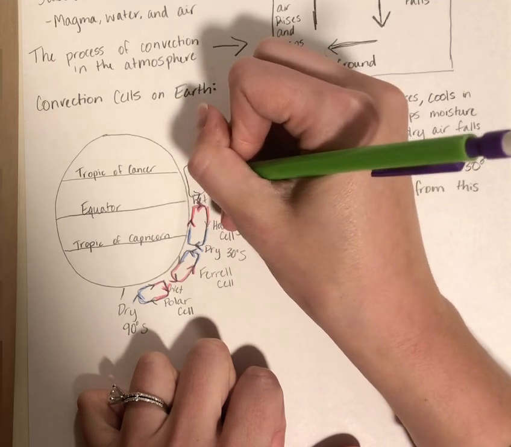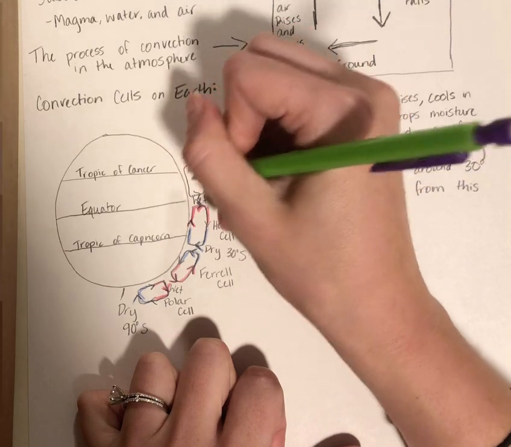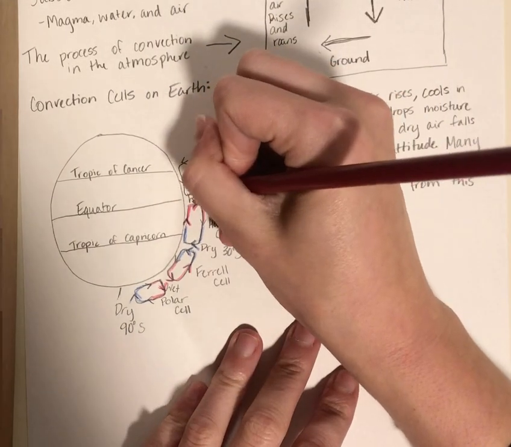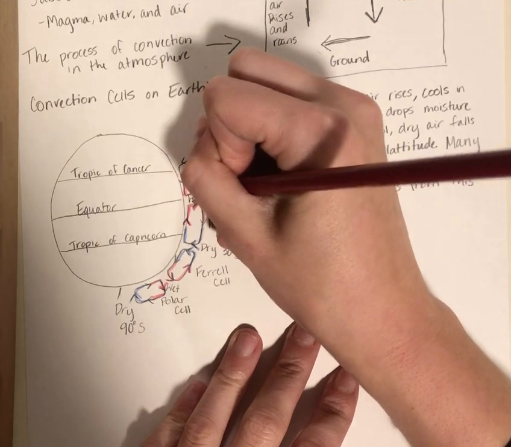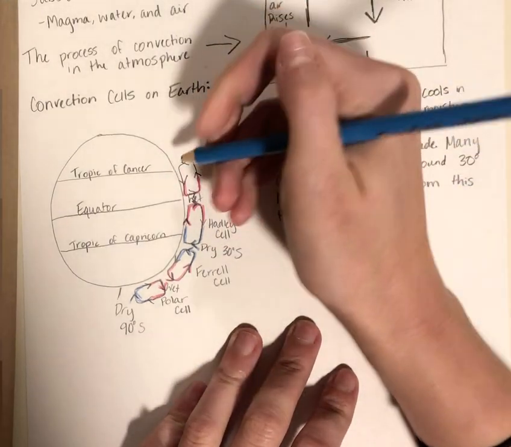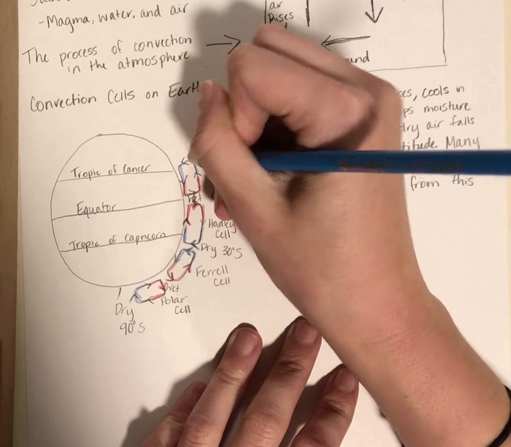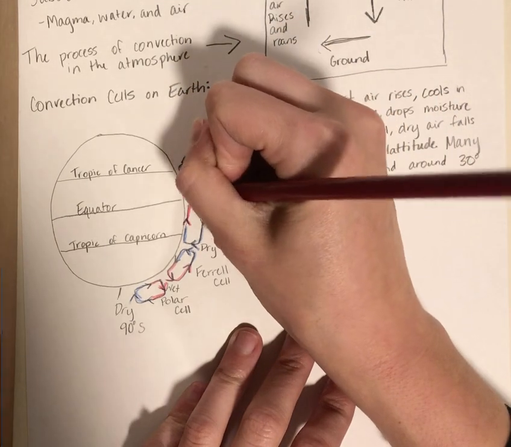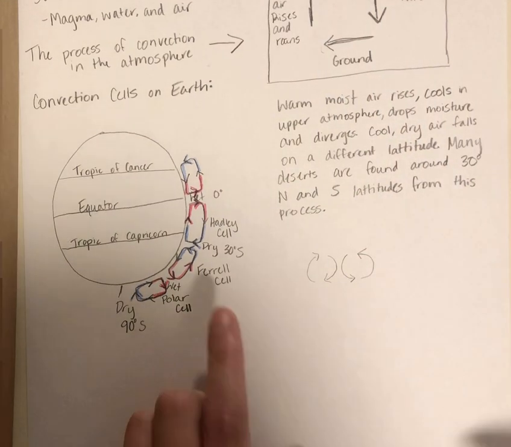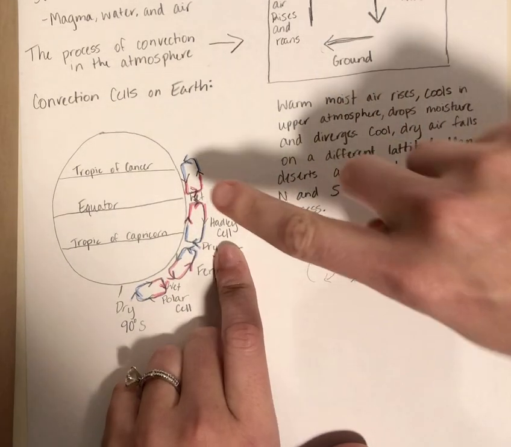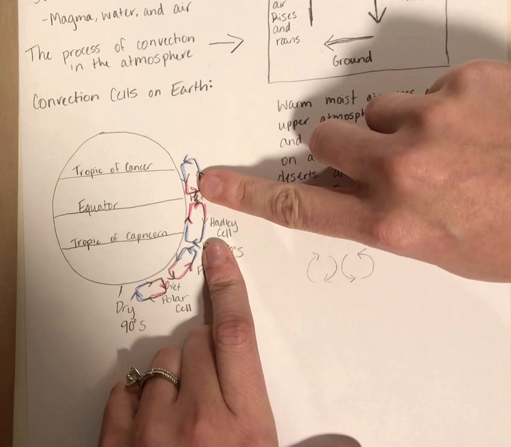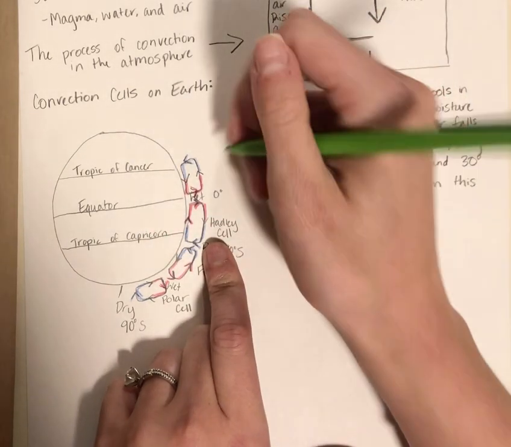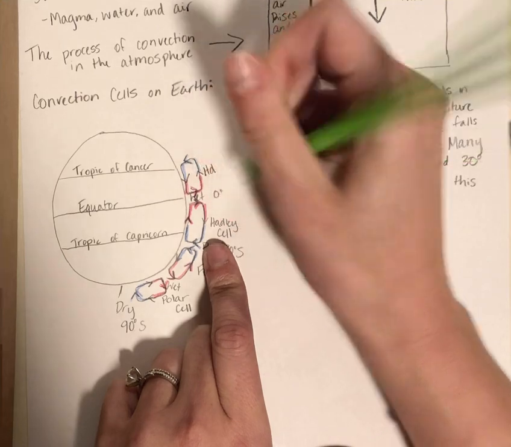So we have hot air rising, cool air dropping, and coming around. Okay, and just like over here, if our cell is right near the equator going to one of our tropics, it is still called a Hadley cell.